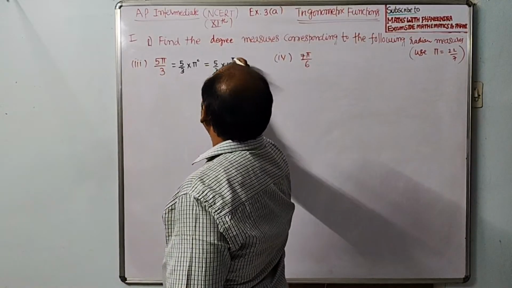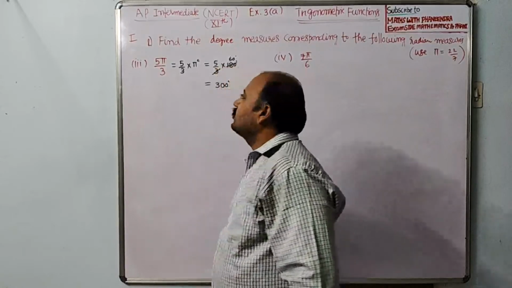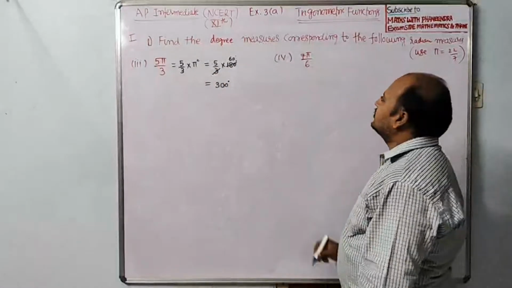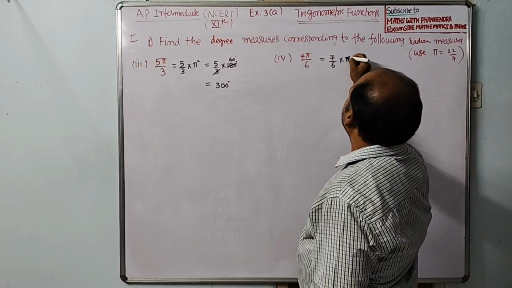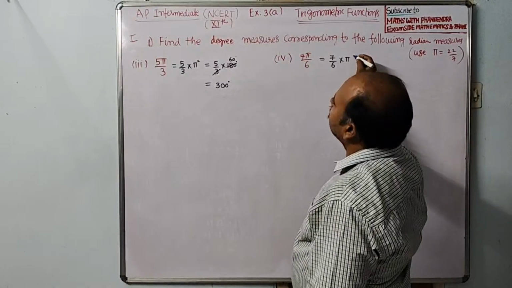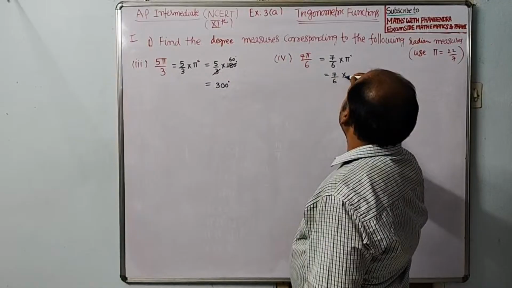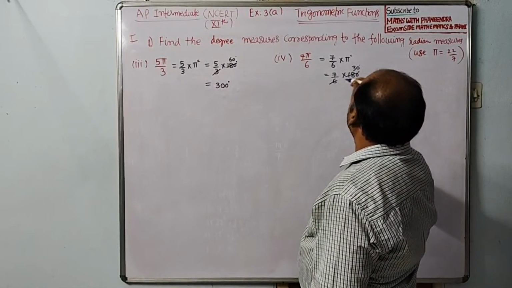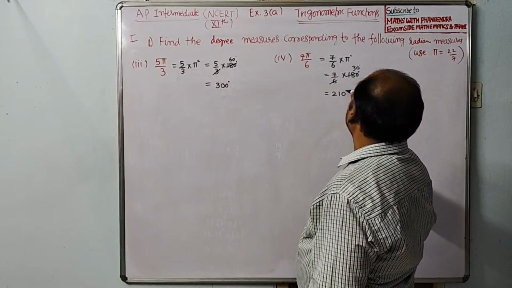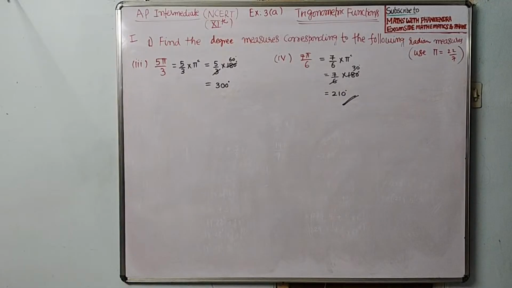So 3 ones, 360s, 300 degrees. So 5 pi by 3 means 300 degrees. Similarly, 7 by 6 into pi radians. So 7 by 6 into 180 degrees, so 6 ones, 6 30s, 7 into 30, 210 degrees. This is the way we can convert to degrees.